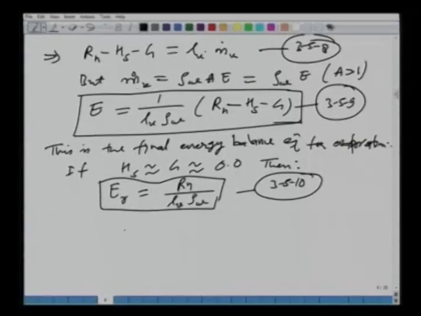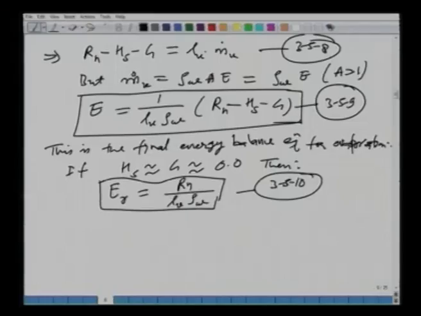So, this is the energy balance method for estimating rate of evaporation, in which the physical factor we have considered is mainly the heat energy.